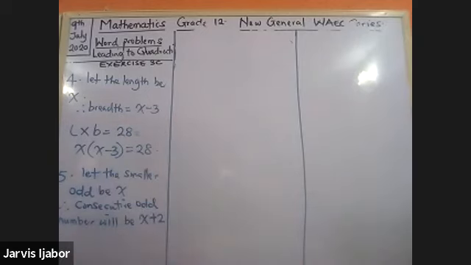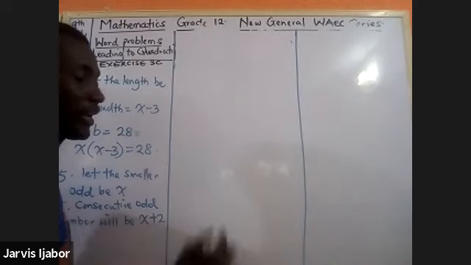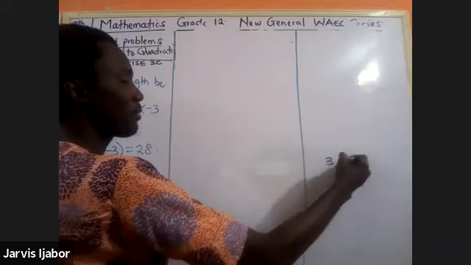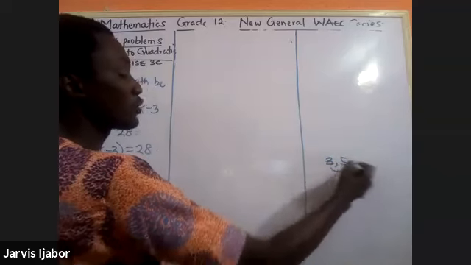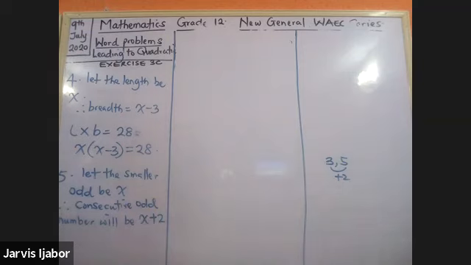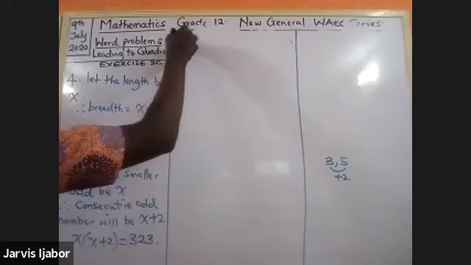For consecutive odd numbers, you add 2. Now, this is the logic here. Look at this. If I have 3, the next number will be 5. What will I do to 3 to get 5? I'll add what? 2. So that's the understanding there. So from here, we have that x into x plus 2 will be equal to 323. Right? So you finish that one up. That's for question 5. Question 6.